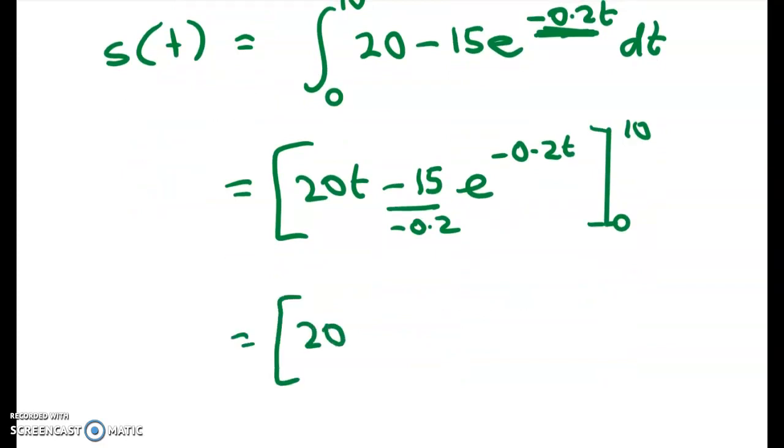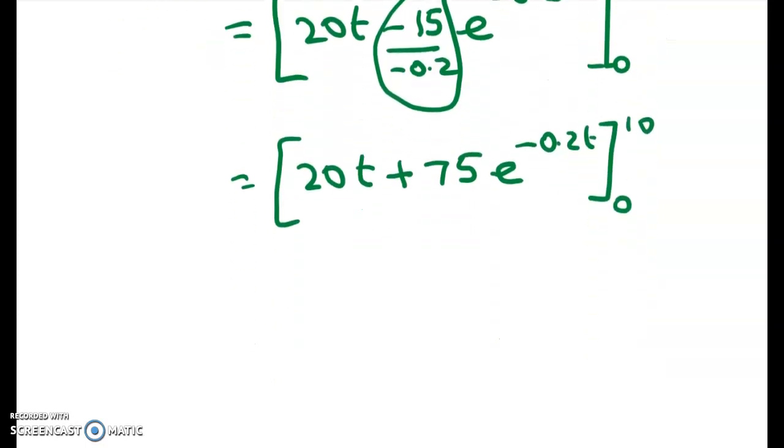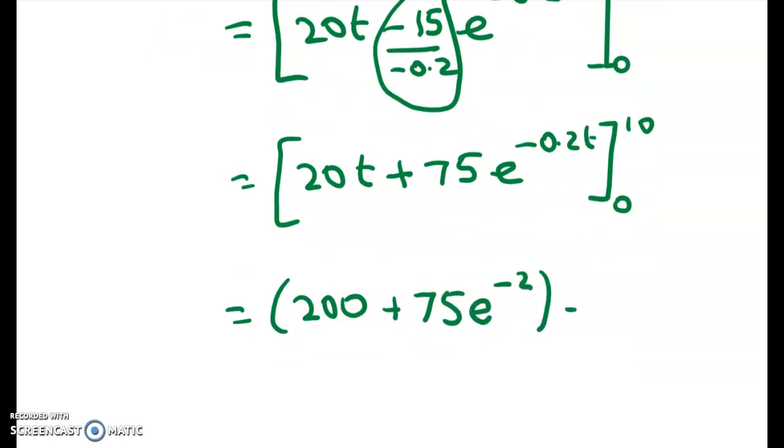So we're working out 20t plus, 15 divided by 0.2 is 75, so 75e to the negative 0.2t at those limits. Substituting in now, we get 200 plus 75e to the negative 2, minus 0 plus 75 times 1.